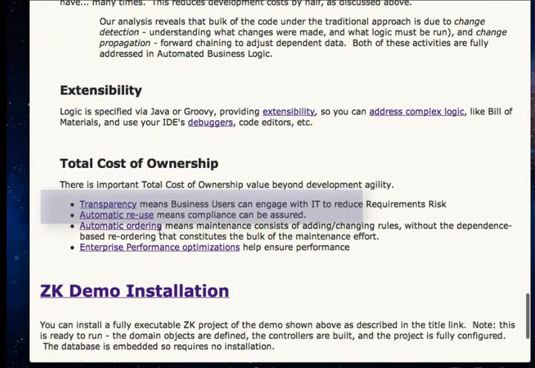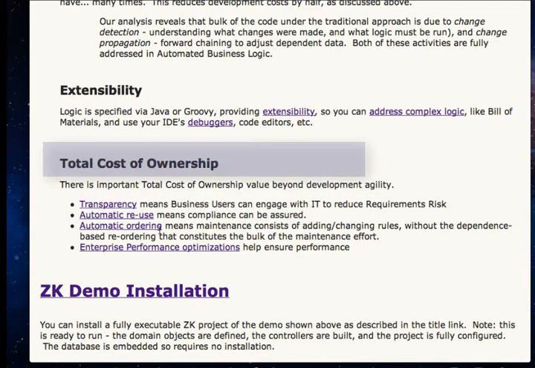And finally, the story is bigger than agility; it's really about total cost of ownership. The rules that we just saw can be spun off into reports provided to business users who can engage with IT to help reduce requirements risk. As we noted during the demonstration, these rules are automatically reused over every transaction, giving a measure of compliance that's really not possible with manual code. Automatic ordering means that these rules can be specified in any order you wish.